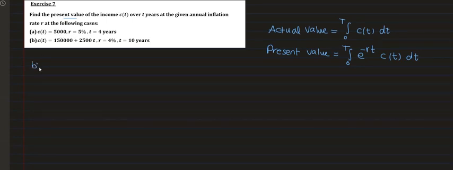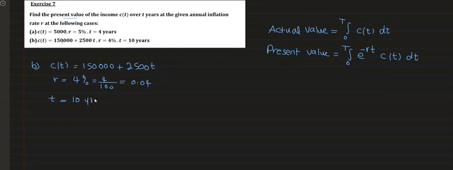Let's do it with B, where C of t, the income, is given as 150,000 plus 2,500 t, where r is given as the inflation rate of 4%, and we know that we turn the percent into a value of 0.04, and the term t is given as 10 years, so we can use it directly because it's given in years here.